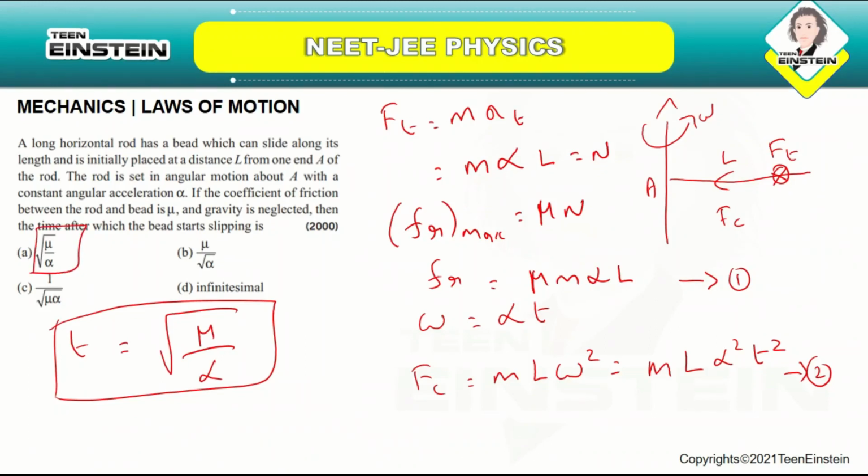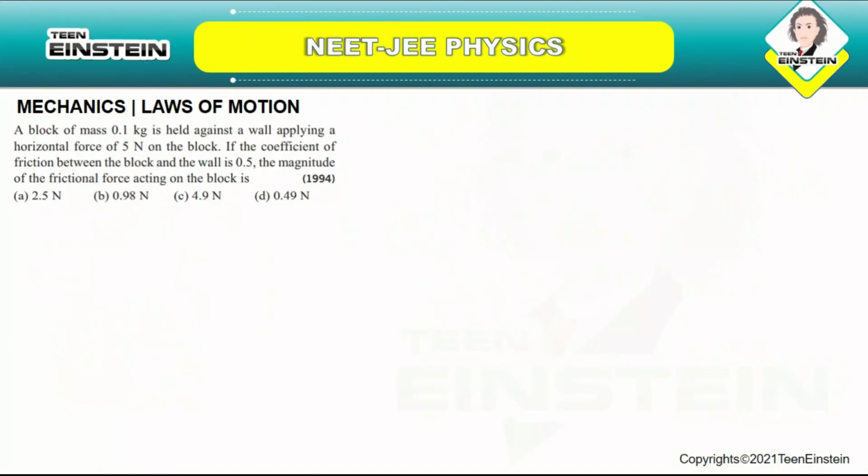Okay, let us now move on to the next question. A block of mass 0.1 kg is held against a wall applying a horizontal force of 5 Newton on the block. If the coefficient of friction between the block and the wall is 0.5, the magnitude of the frictional force acting on the block is.